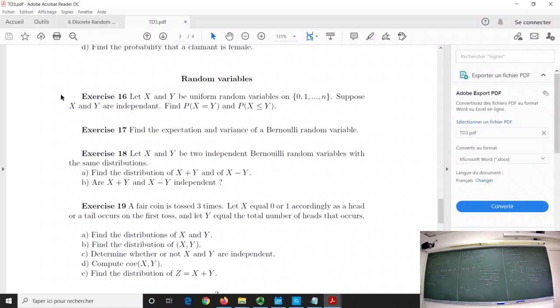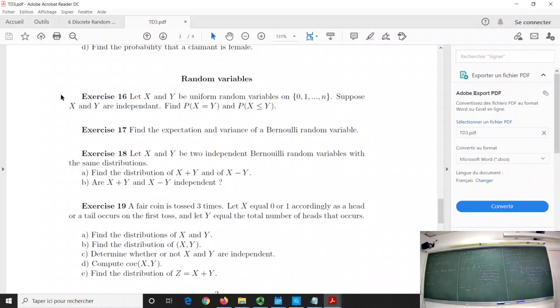And now the only thing I have to know before doing a little computation is what is the probability that X is less than k, knowing the distribution of capital X. If it is less than k, what are my possible values? 0 to k.